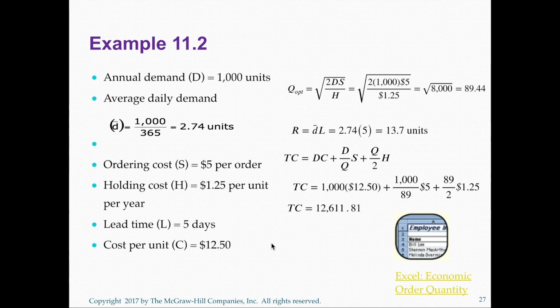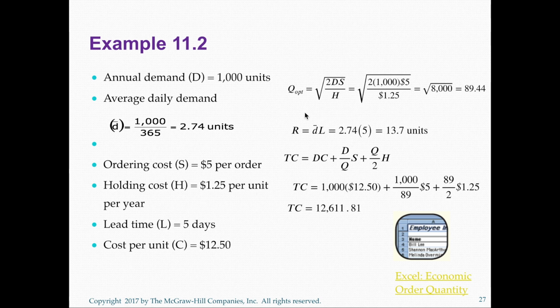We will use the formula for optimal order quantity to calculate a reorder quantity. The optimal reorder quantity Q sub opt is equal to the square root of 2 times annual demand D times the ordering cost S divided by the holding cost H. For this part, annual demand is 1,000 units, ordering cost is $5 per order, and holding cost is $1.25 per unit per year.